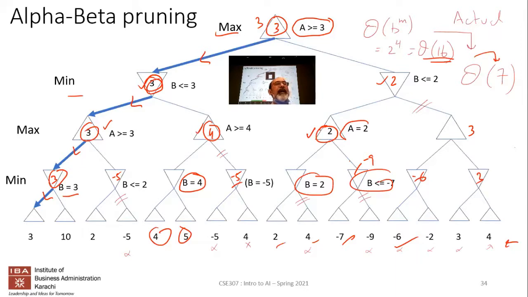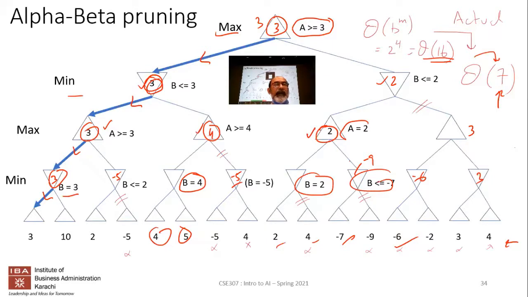That's why a lot of the tree was not evaluated. But it still wasn't exactly the optimal scenario because the rest of it was kind of unordered. If you work on this and make it completely ordered, you might find that it might actually go even less than 7. So that's sort of an exercise for you.